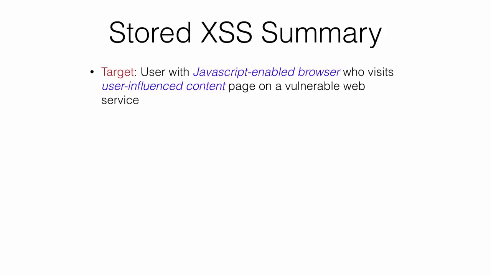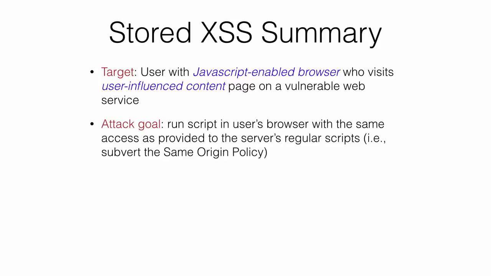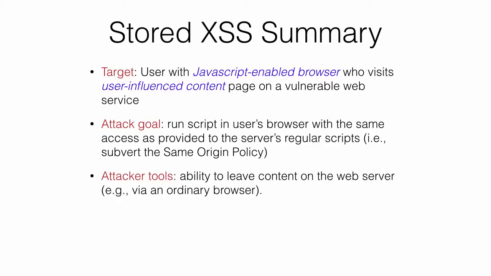So in summary, the target is a user with a JavaScript-enabled browser who visits a user-influenced content page, that is, a page whose content can be influenced by prior interactions with users, like the bad.com site. The attack goal is to run a script in the user's browser with the same access provided by the server's regular scripts, and in this way subvert the Same Origin Policy.